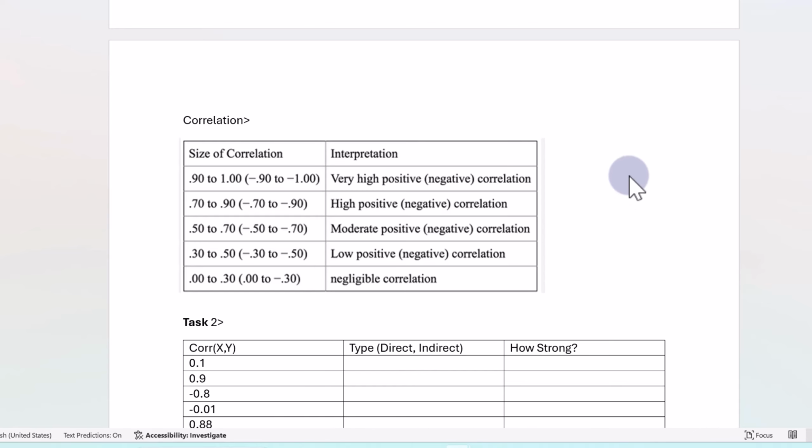A better measure is correlation. Correlation is not only giving us the type of the relationship, whether it's direct, indirect, or none, it also gives us the strength of the linear relationship. Correlation takes values in the interval from -1 to +1, and somewhere in between there is 0. Correlations between 0 and -1 show negative or indirect association.